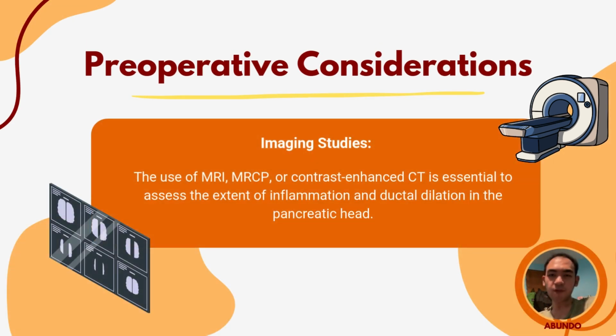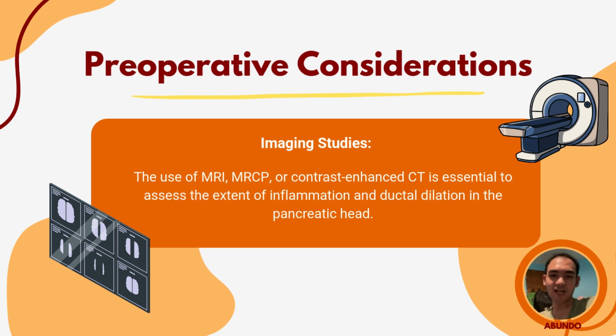Now, let's proceed with the preoperative considerations. Before the procedure, several preoperative measures are crucial for ensuring the best surgical outcome. First is imaging studies. Advanced imaging such as MRI or magnetic resonance imaging, MRCP or magnetic resonance cholangiopancreatography, or CECT or contrast enhanced computed tomography plays a crucial role in surgical planning.